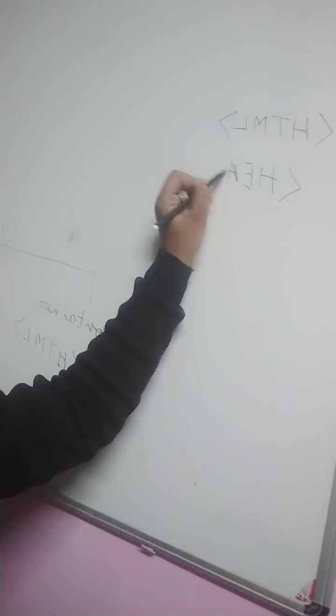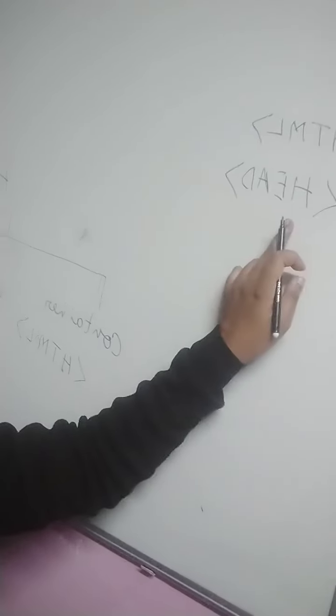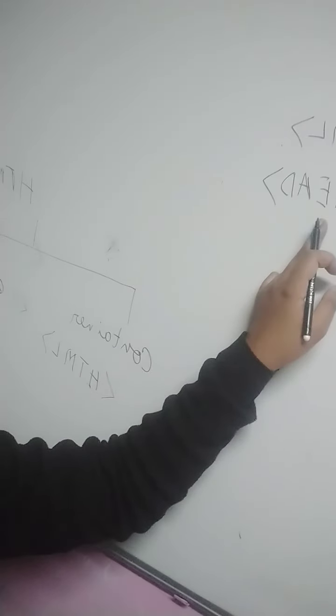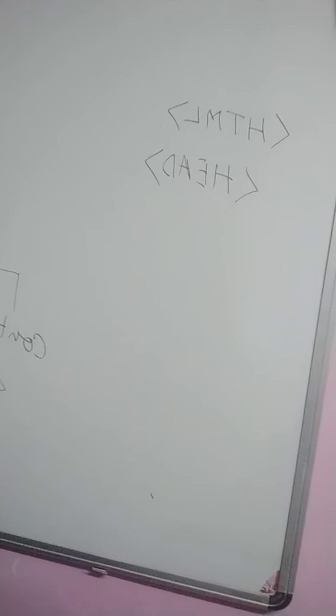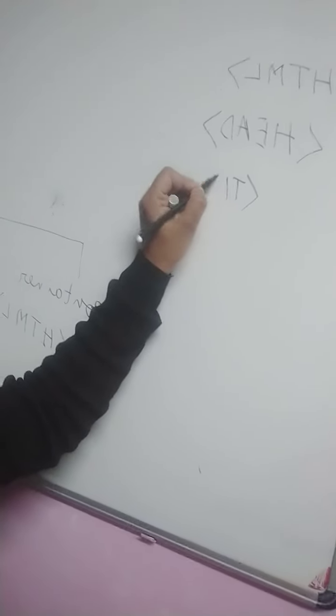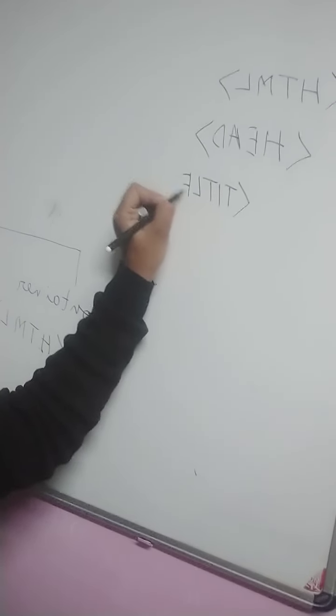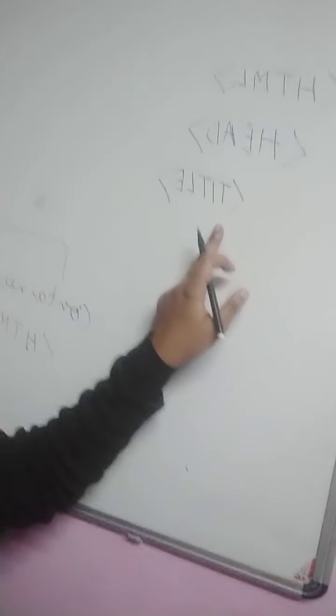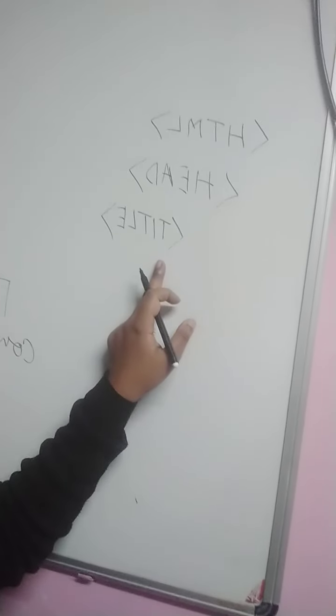The head section is started by the tag head. Inside the head there is a sub tag. Each main tag has sub tags also. The head has a sub tag, that is title. The title tag stores the title of the web page.